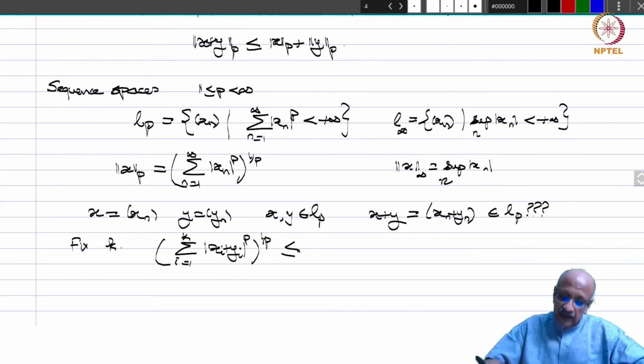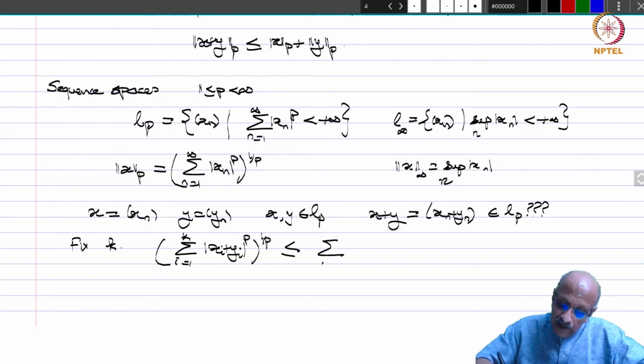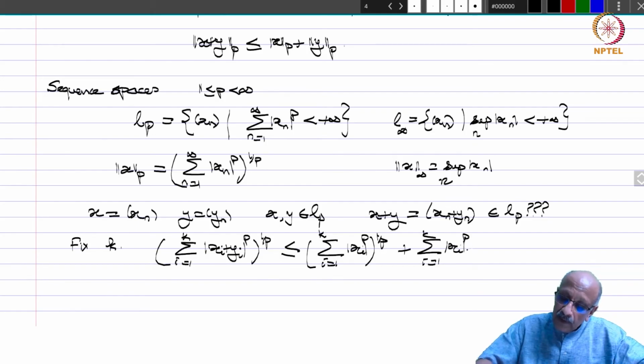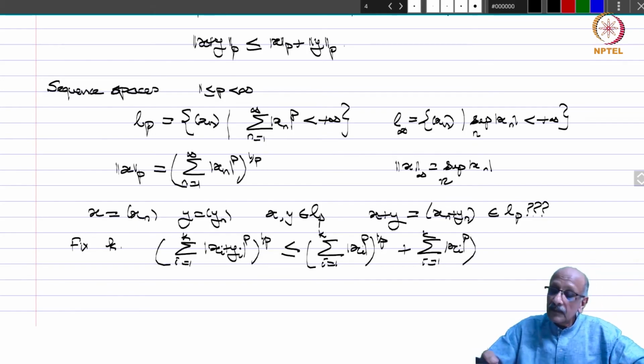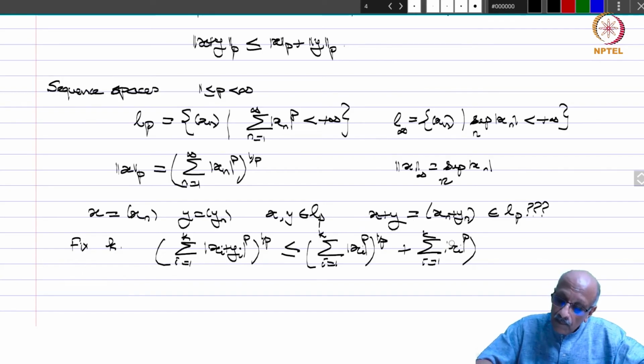By the Minkowski inequality, this is less than or equal to the sum from i equals 1 to k of |x_i|^p, whole power 1 by p, plus the sum from i equals 1 to k of |y_i|^p, whole power 1 by p.